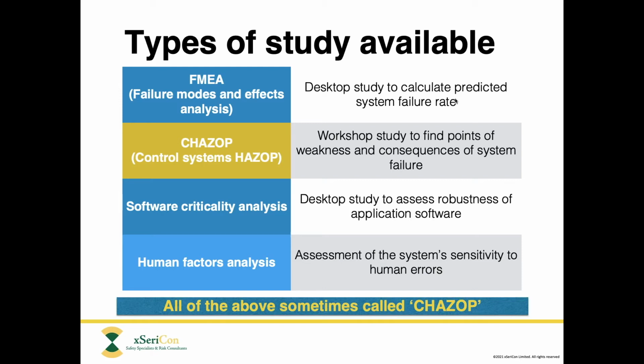What I'm talking about specifically here for today is looking at the ways in which the operator interacts with the control system and determining what is the potential within that interaction for misoperations to take place, in a way that the operator could perhaps unintentionally cause an upset in the control system, which could then lead to wider consequences. And that also has sometimes been referred to or included in CHAZOP, but personally I would exclude that because I think that that is a different type of study that uses a different methodology.